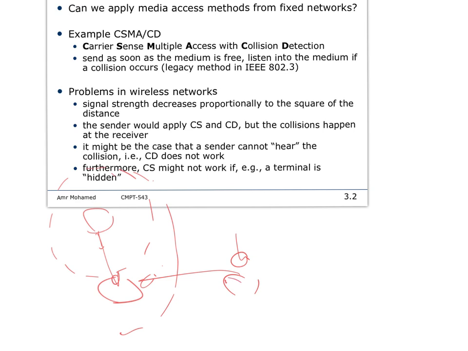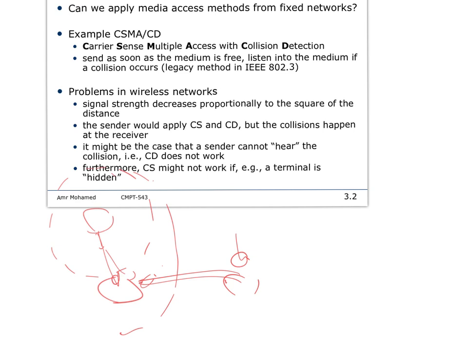And if it tries to send, then collision will happen at the receiver. So even carrier sensing will not help. We say collision avoidance, but we cannot really avoid the collision in all cases. In fact, we'll talk about many cases where carrier sensing will not help.